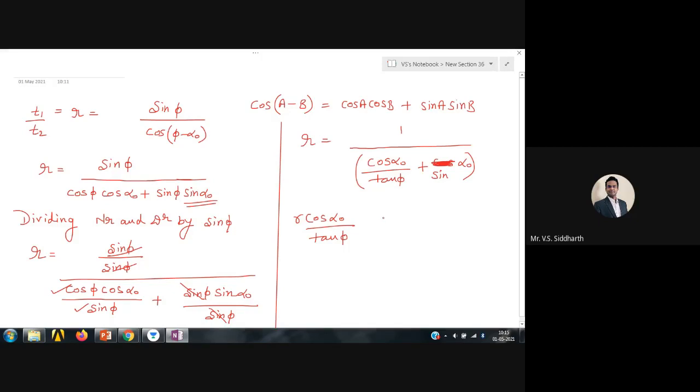So this will be plus R sin alpha naught equals 1. Okay. So this is R cos alpha naught by tan phi equals 1 minus R sin alpha naught.